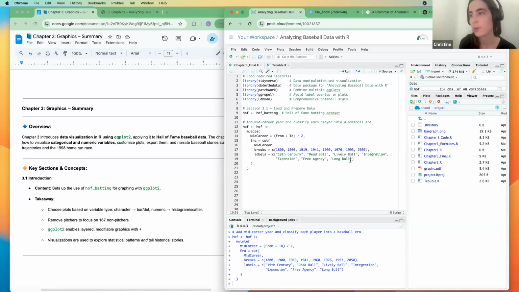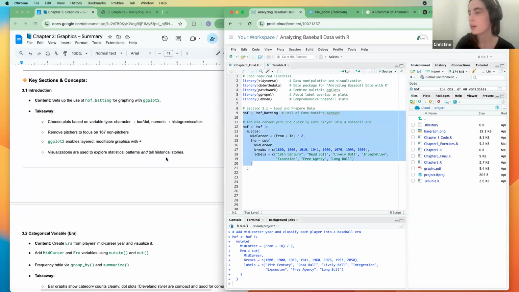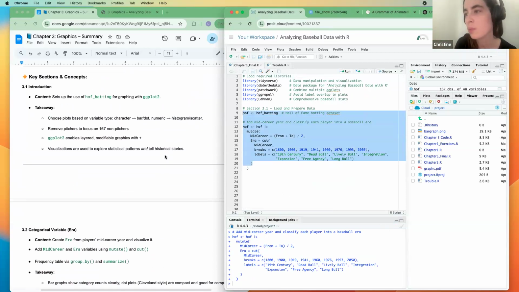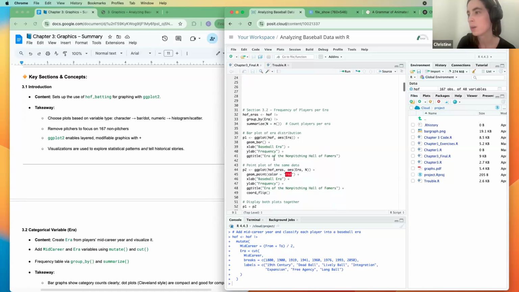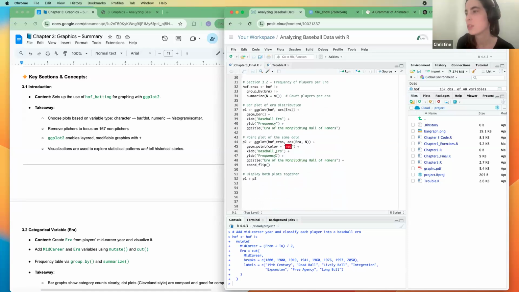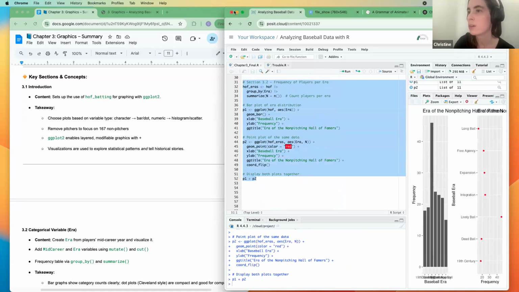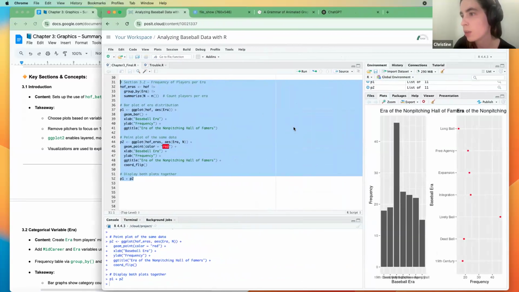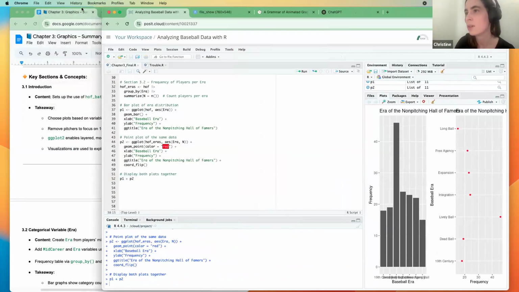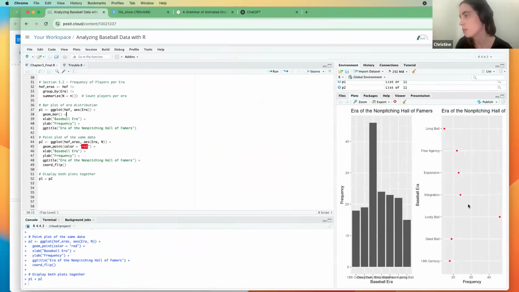Okay, so this is just the part where we're breaking it into different eras, which I thought was interesting. And then moving into understanding, across different eras, how players were distributed and what that looked like. So we used some good old ggplot, and we looked at both the bar plot as well as, this looks terrible, a point plot of the same data.